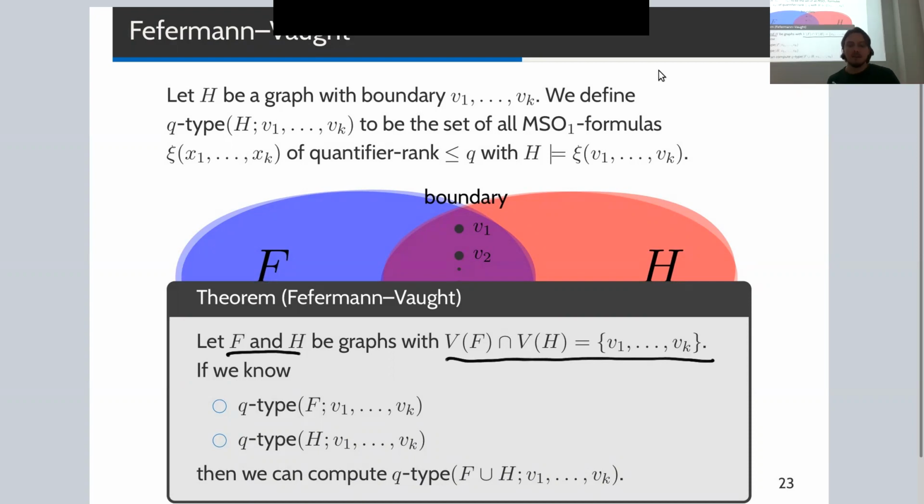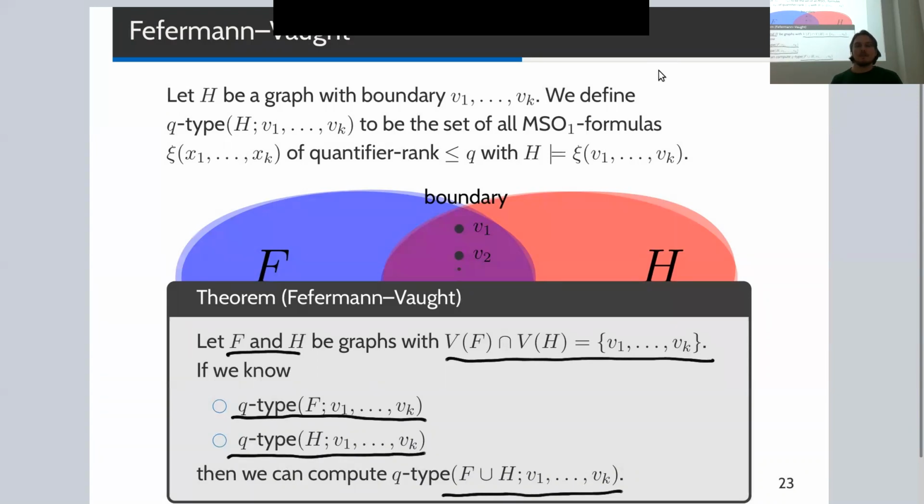And now the Pfefferman-Watt theorem states the following. If we know the Q-type of our boundary on F, and if we also know the Q-type in H, then from this information alone, we can deduce the Q-type of F union H on the same boundary.